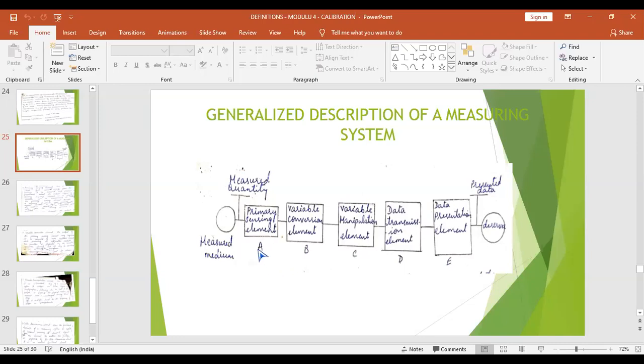As you apply the load on the cantilever beam, that exerts force on the strain gauges, which is the primary sensing element.